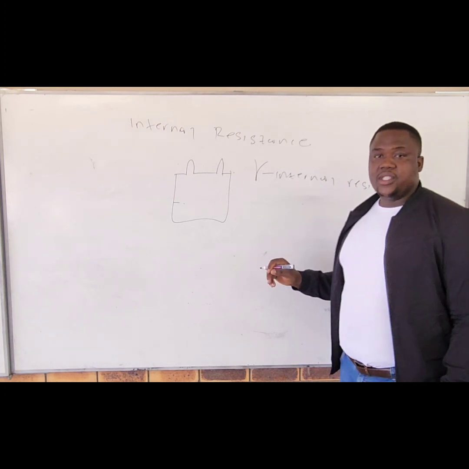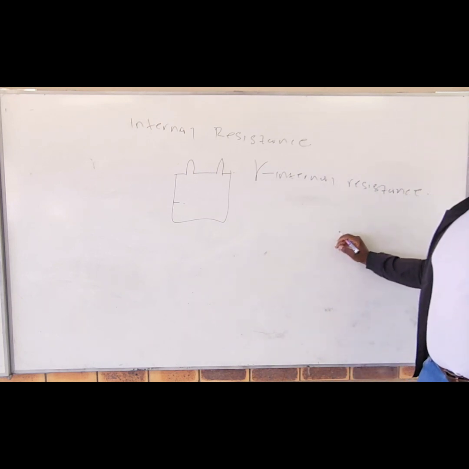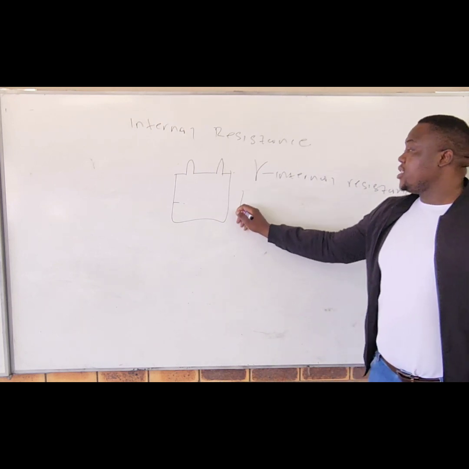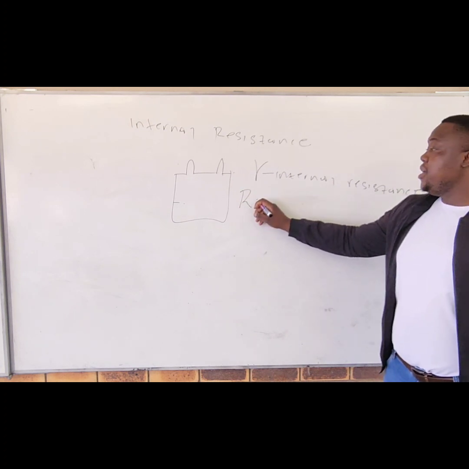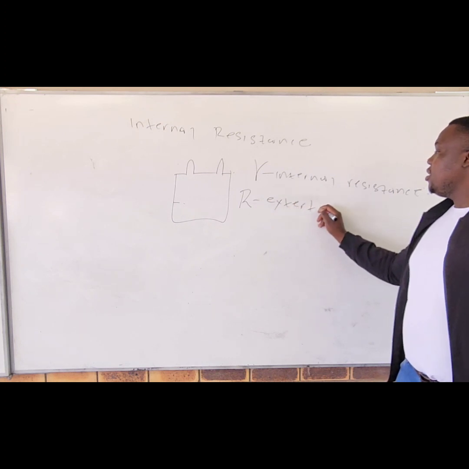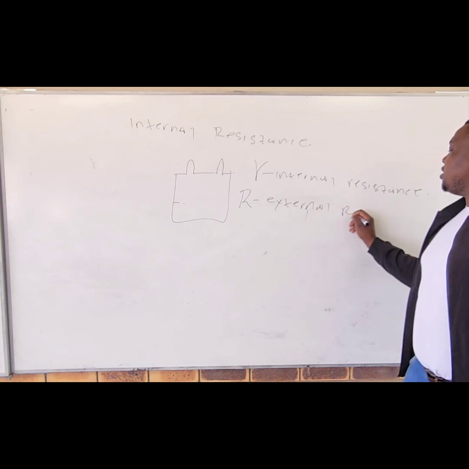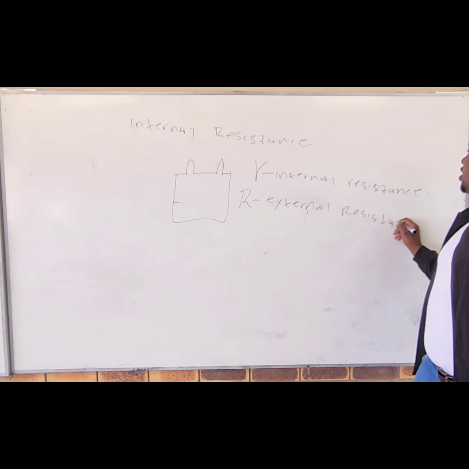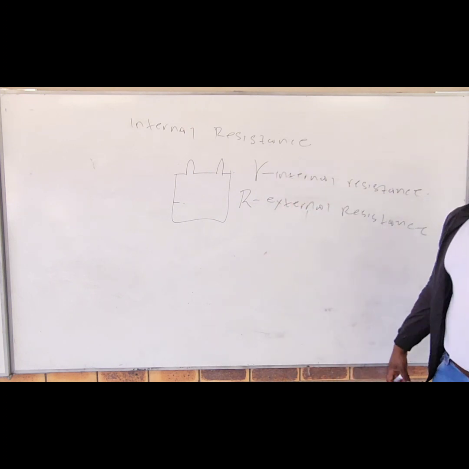We've been using the letter R, and that letter R was a capital. So the capital R represents external resistance. For internal resistance, we use lowercase r. For external resistance, we use uppercase R.